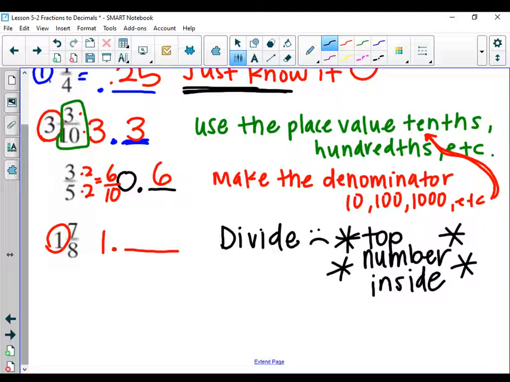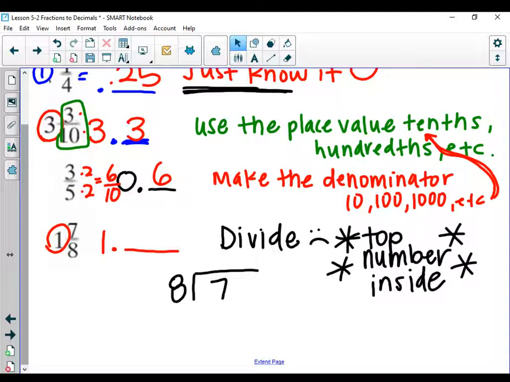Top number on the inside. Top number on the inside. Top number on the inside. Are you dividing? Pause and divide if you're not already.